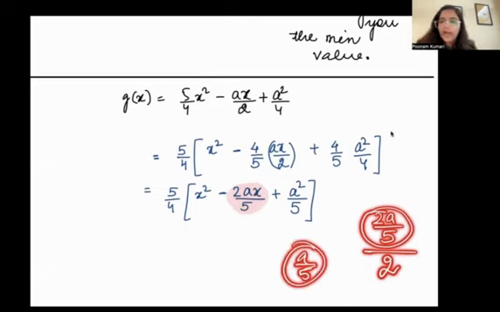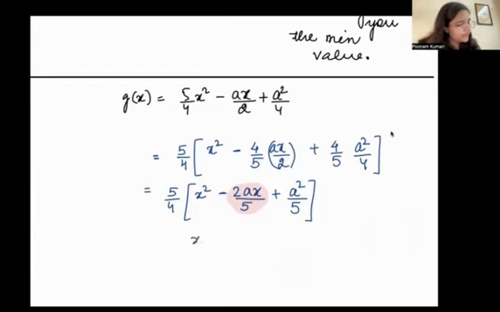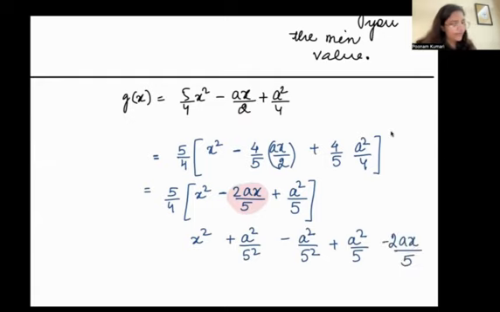Yes, ma'am. So I will do what? I will do this. Plus a square by 5 square minus a square divided by 5 square. और इधर प्लस a square divided by 5 हो गया है और इधर जो है -2ax divided by 5 हो गया है. ये सब ब्रैकेट के अंदर हो रहा है. Yes, this is gx.